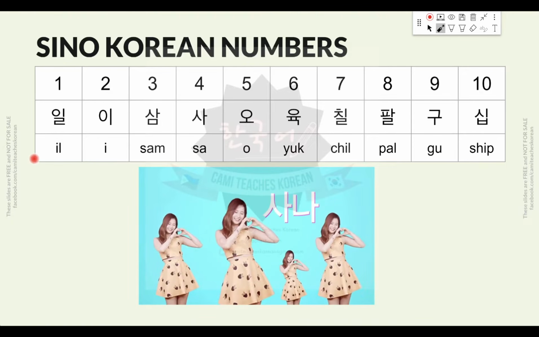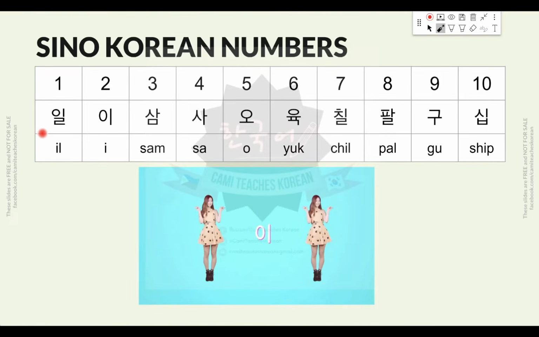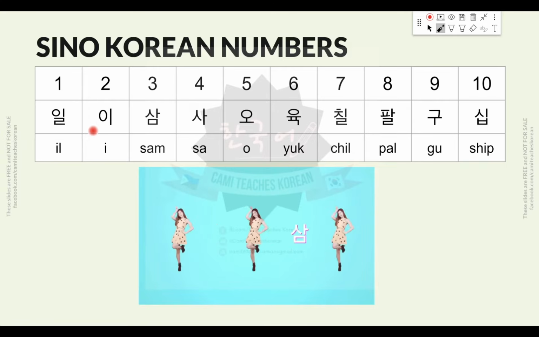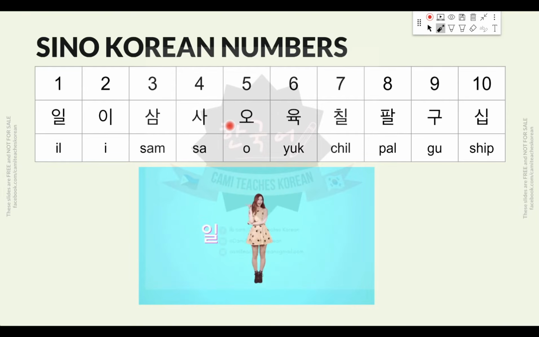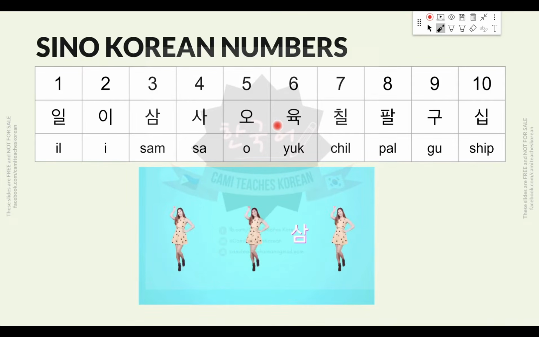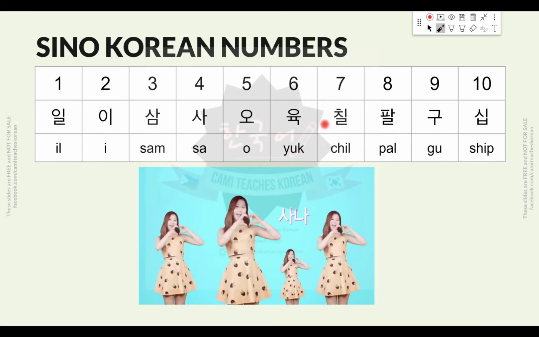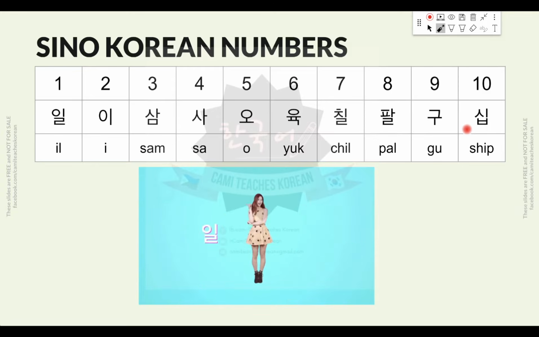Numbers 1 to 10, let's review. Il, i, sam, sa, o, yuk, chil, pal, gu, ship.